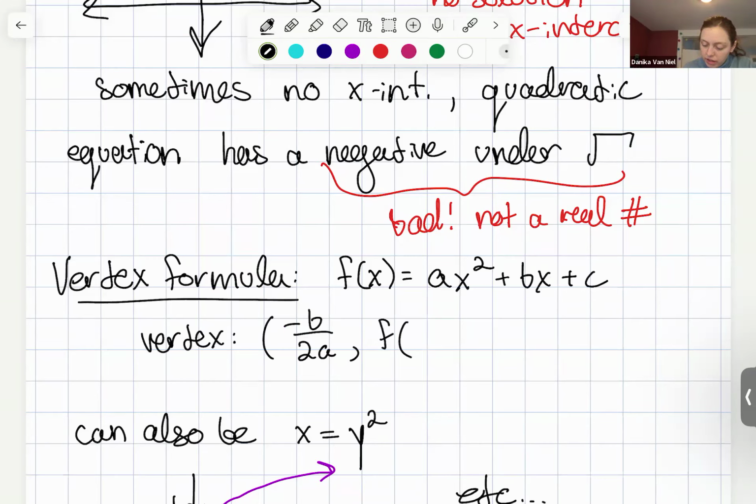I just plug that back into my function. There is a formula for it, but I don't want to memorize another thing. So for me, all I would do is try to memorize the x value for the vertex, and then you can just take that and plug it into your formula to find what the y value is. Because the f of x, that's just the y value. Okay.